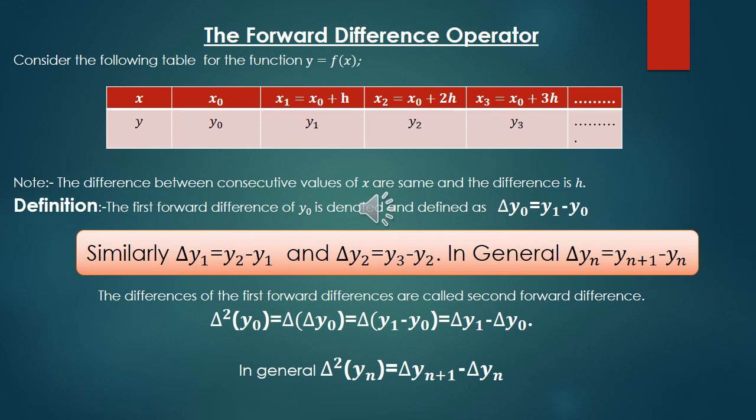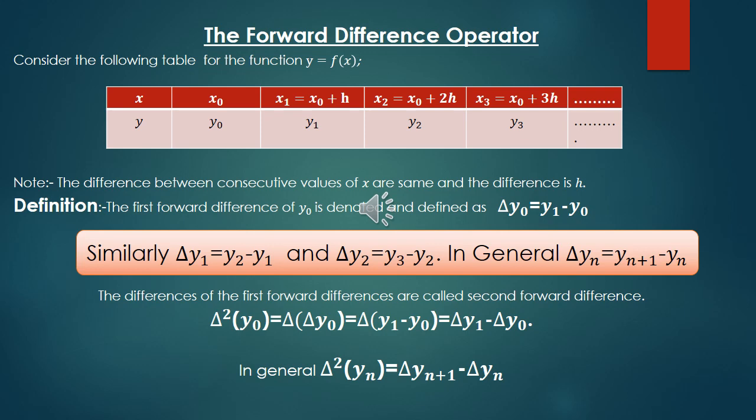Going to the next definition, the first forward difference of y0 is denoted and defined as delta y0 equal to y1 minus y0, that is, the difference between two consecutive y terms. Check the positions. Similarly, delta y1 is equal to y2 minus y1. In general, delta yn is equal to y(n+1) minus yn.